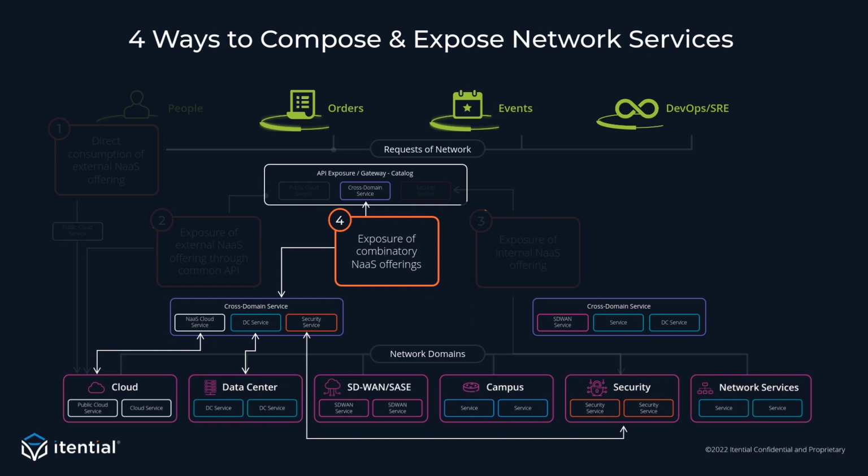So you would think of maybe this is some kind of overlay network with some security policies where I'm connecting some applications in my data center to some of my applications in the cloud. But ultimately, what you're providing to your internal customers is the simplicity of just consuming all of those different pieces as a single service.